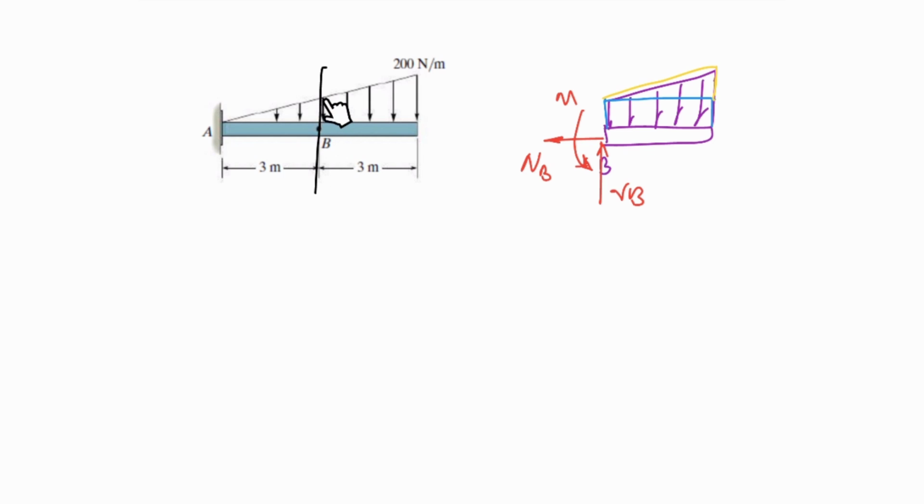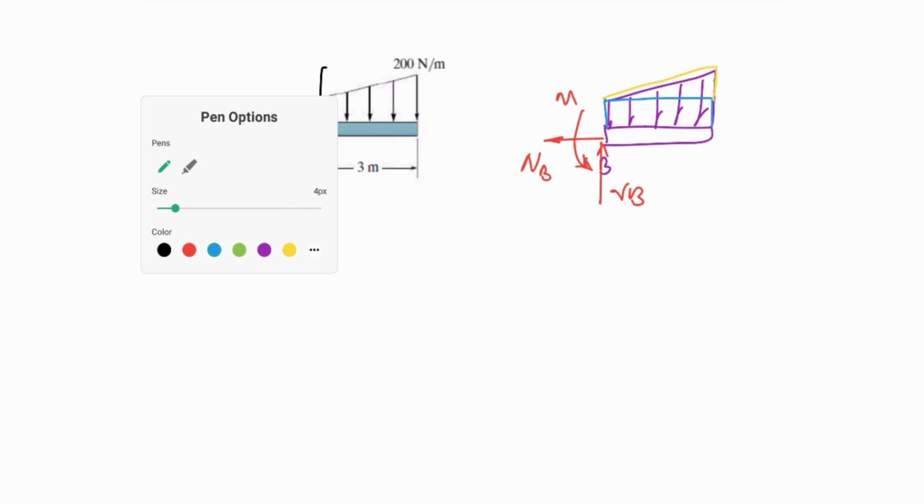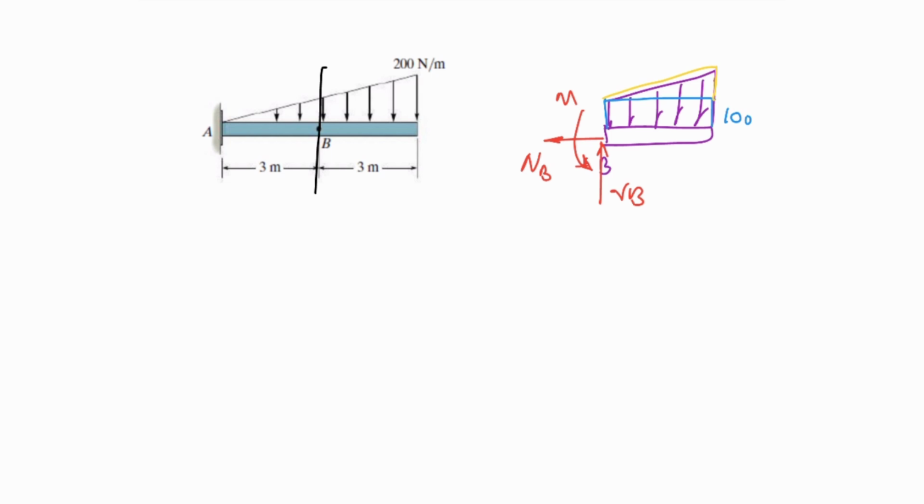I can say the value over here is 100, meaning that the blue part is 100 Newton per meter, and I know this length is 3, and I know this part is also 100 Newton per meter.